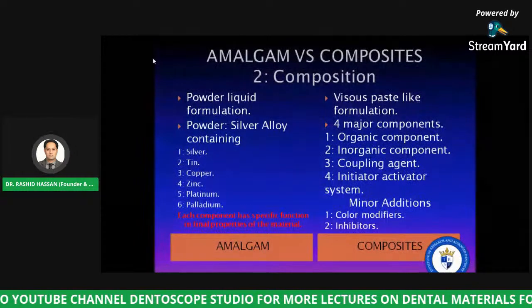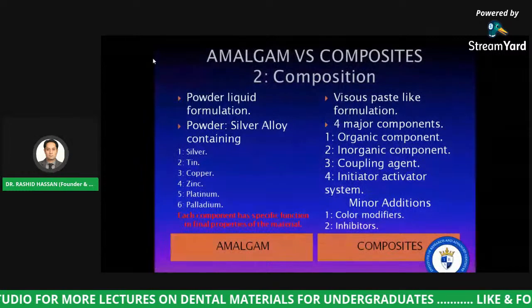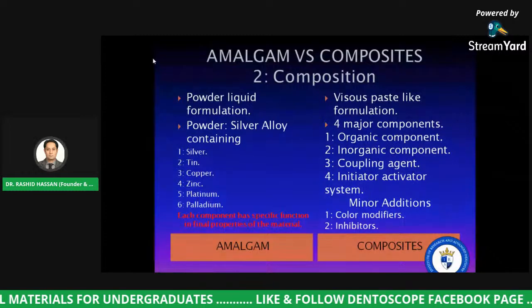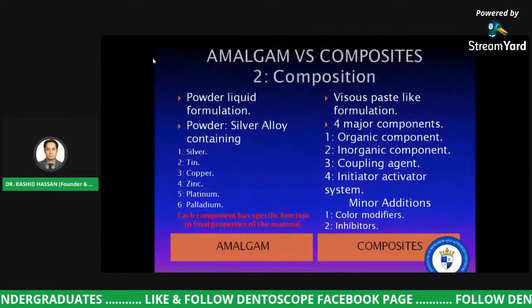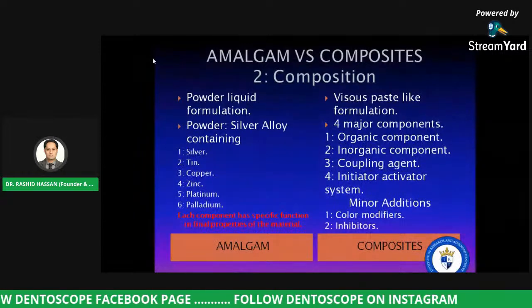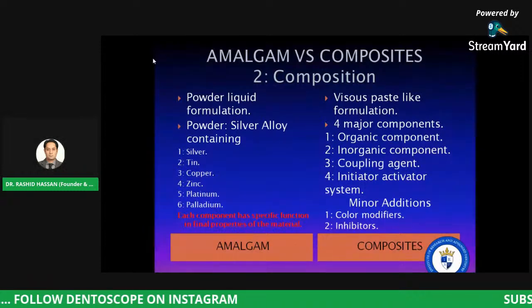Well, besides all these four components, there are certain minor additions like the color modifiers and the inhibitors. Obviously, once the polymerization reaction starts, you need to control it, so you add certain inhibitors so that it stays controlled while you are doing your dental composite filling.